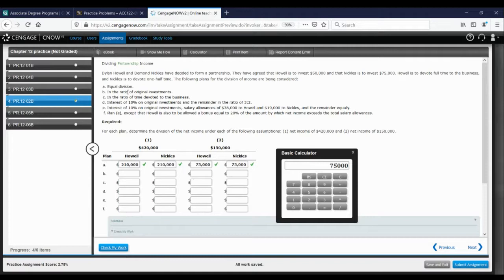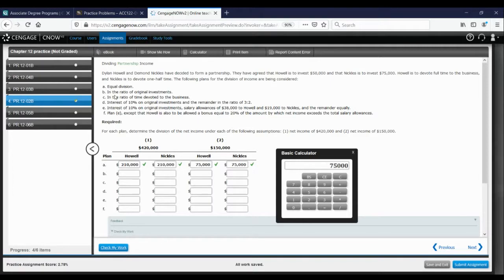In this partnership agreement, it will state how the partners will share profits and losses. And it can be any way that the partners agree to. In part A, it was equal division.